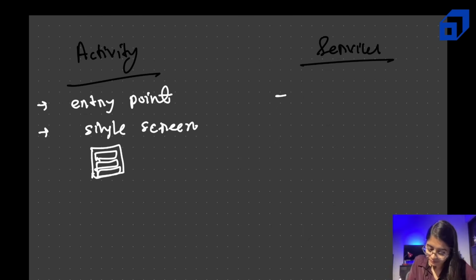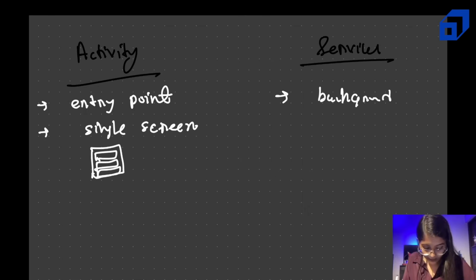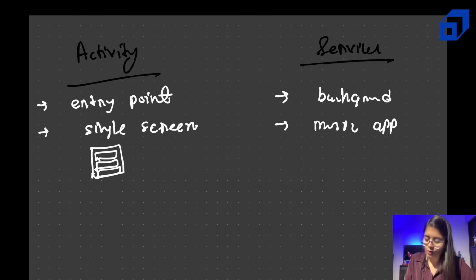Now talking about services. A service is a general purpose entry point for keeping an app running in the background for multiple reasons. Let's say you are using a music app, right? It is supposed to run in the background, like Spotify.